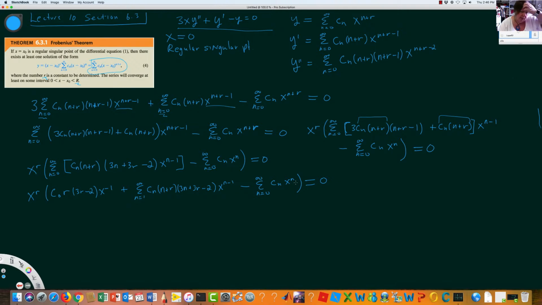So here we go. This is going to start at the same place. In this one, I'm going to let k equal n minus 1, which gives me n equals k plus 1. And in this one, I'm just going to let k equal n. So I'm just changing my indices, which I'm free to do. Okay, so let's write it all out again.